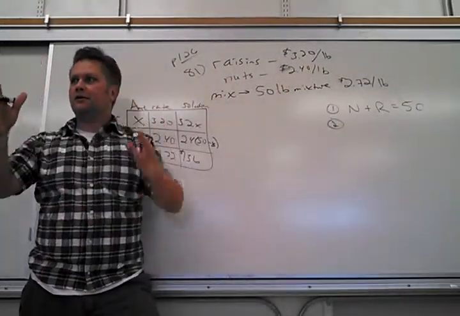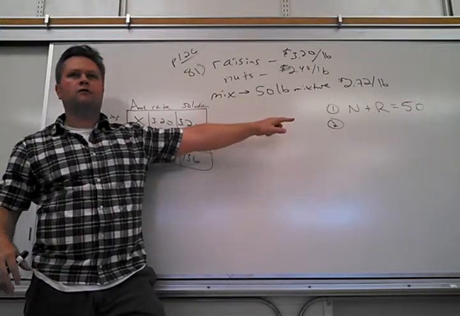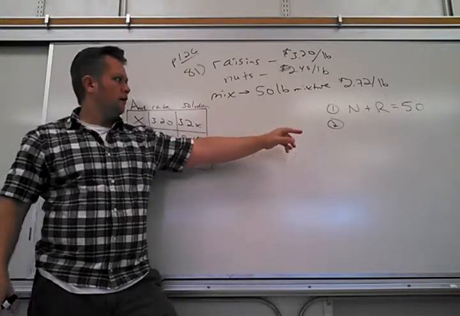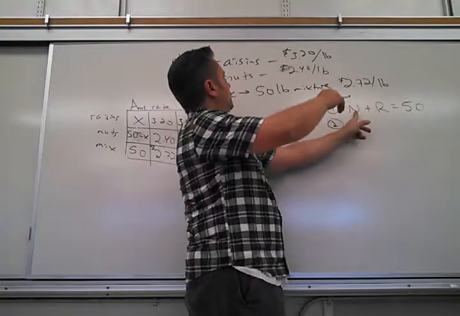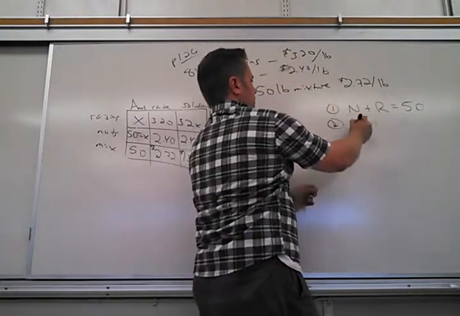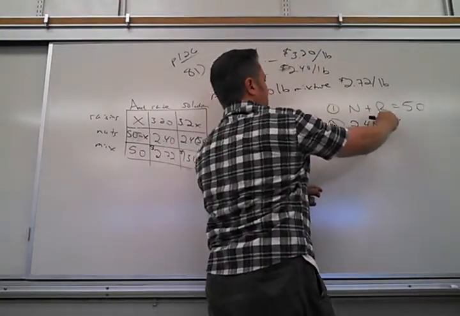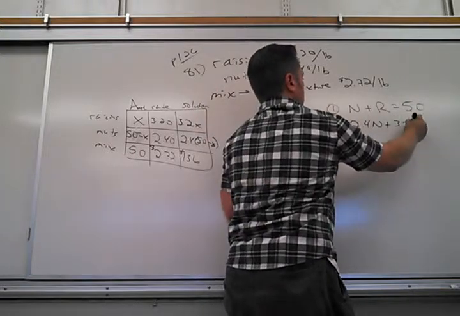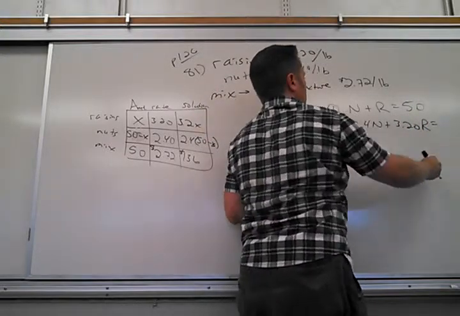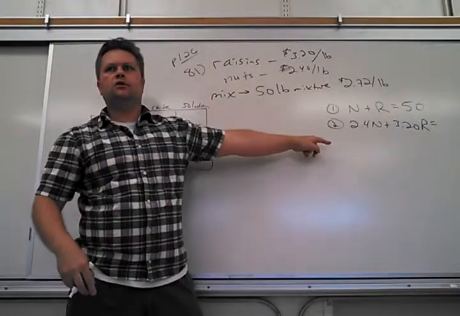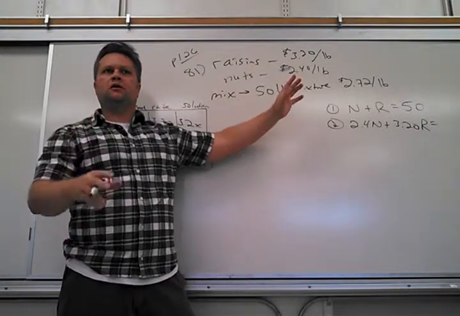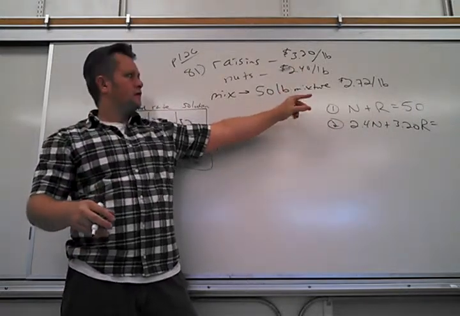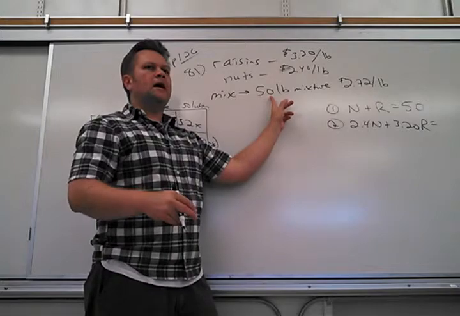And then the second one is the more complicated one. For every pound of nuts, it costs $2.40. For every pound of raisins, it costs $3.20. And if I add the costs, I should get, this is where it gets a little more confusing, $2.72 per pound for 50 pounds, right?